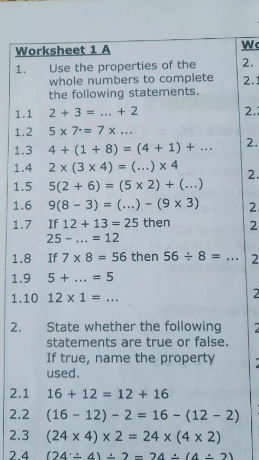It leaves whatever it has been associated with the same. The minute 12 is multiplied by 1, it does not lose its identity. 12 will come out victorious at the end. Then 0 as well: when 0 is added to a number, it makes sure that number does not change.